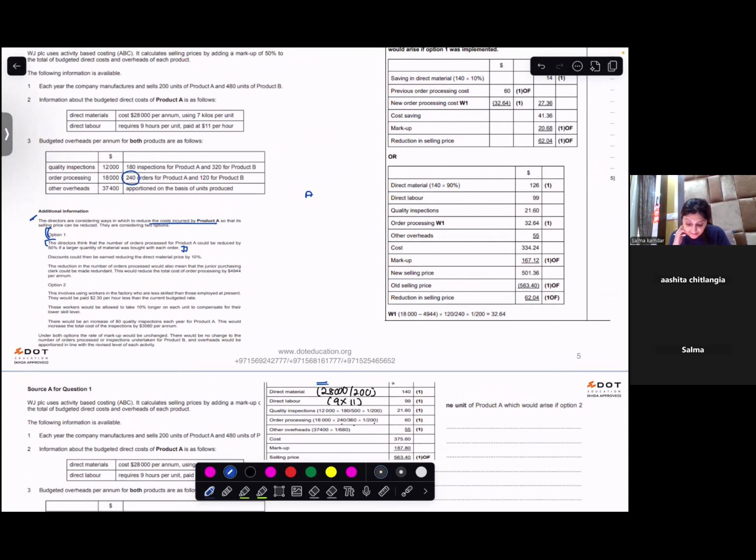Total orders for product A is how much? 18,000 into, I'm talking about the number of orders. 200 orders, right? Okay. So the directors are thinking that the number of orders I process for product A, I can reduce by 50%. That means I would make it how much? 100.